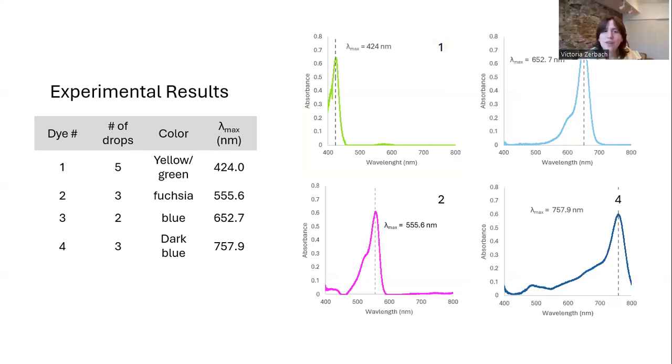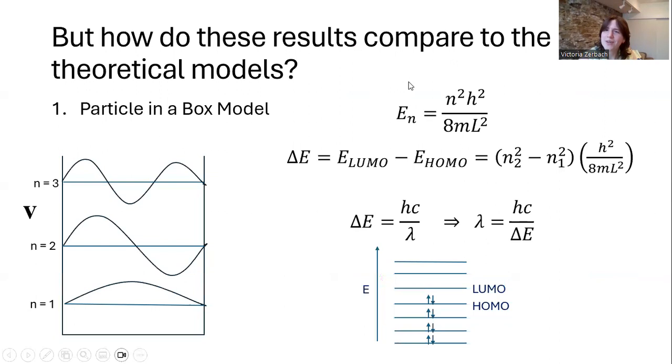So how do these results here, these wavelengths that we measured, compare to the theoretical models that we're thinking about? The first model is the simplest model.